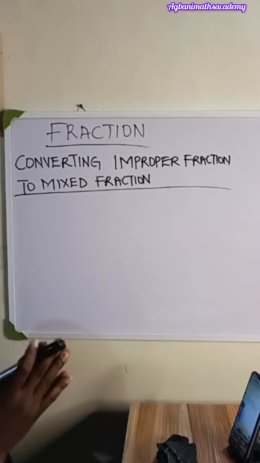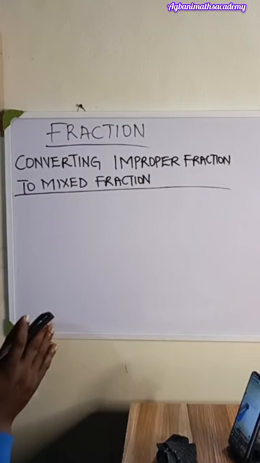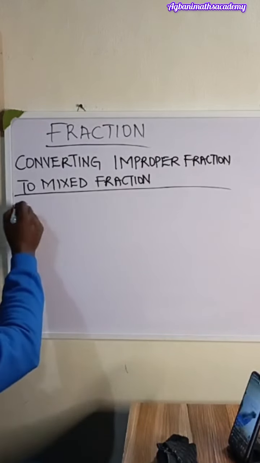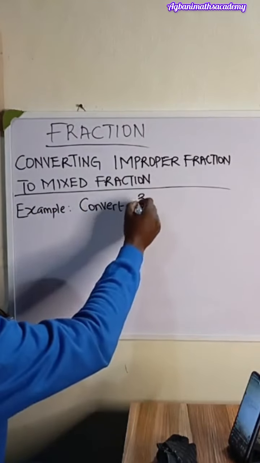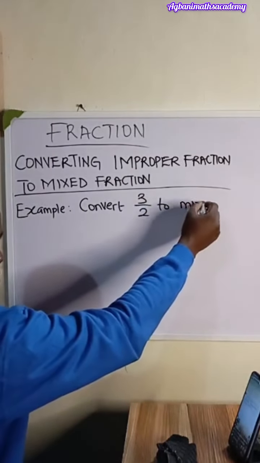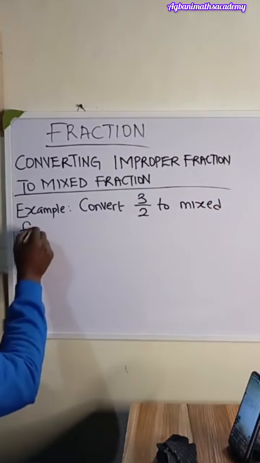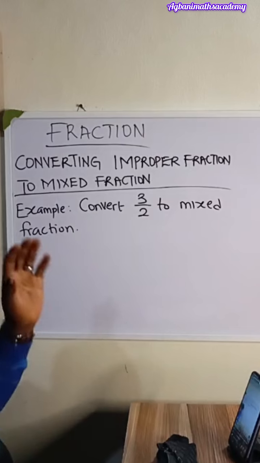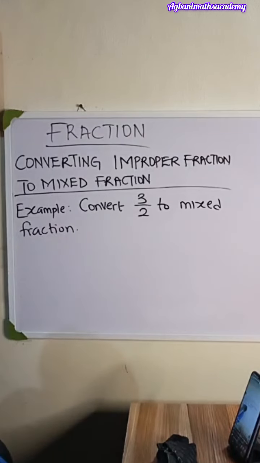For you to convert an improper fraction to a mixed fraction, we need to know how to properly divide. So for example, let's start with something very easy. Let's see how to convert 3 all over 2 to mixed fraction.